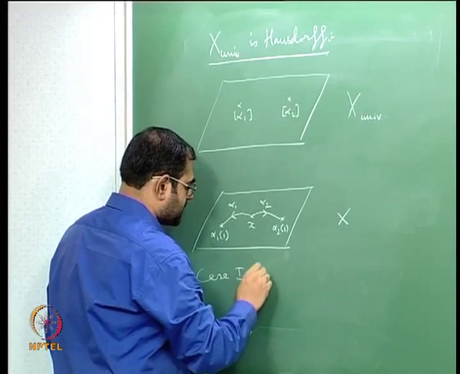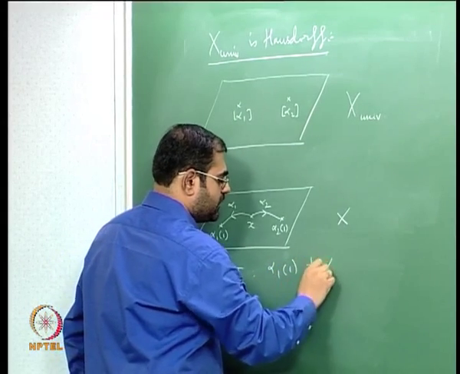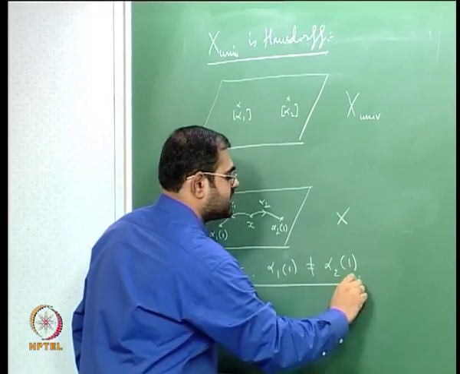Let's look at both cases one by one. Case 1 is alpha 1 of 1 not equal to alpha 2 of 1. This is a very easy case.